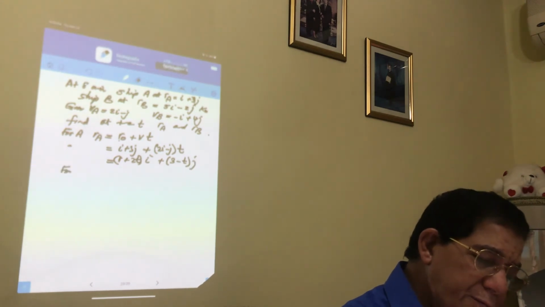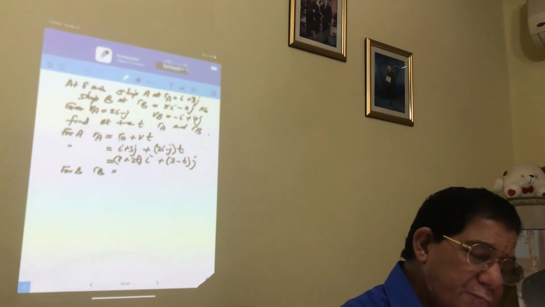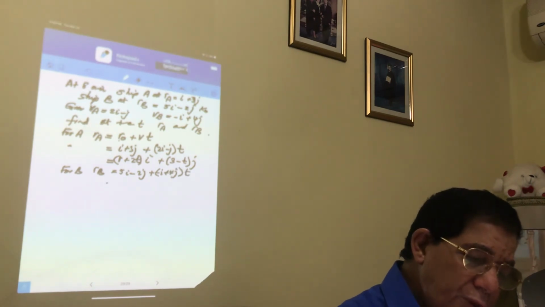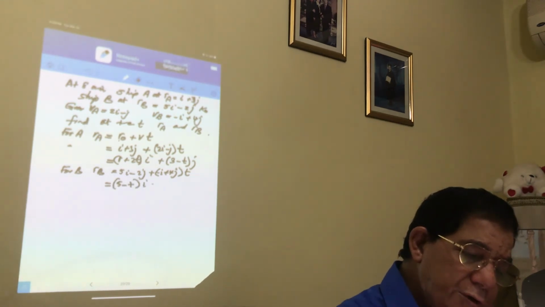For B, RB equal R0, which is 5i minus 2j, plus the velocity of B, which is minus i plus 4j, times t. Therefore it equals (5 minus t)i plus (negative 2 plus 4t)j.